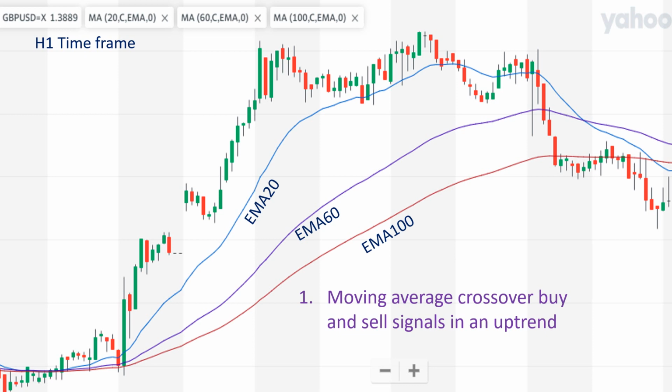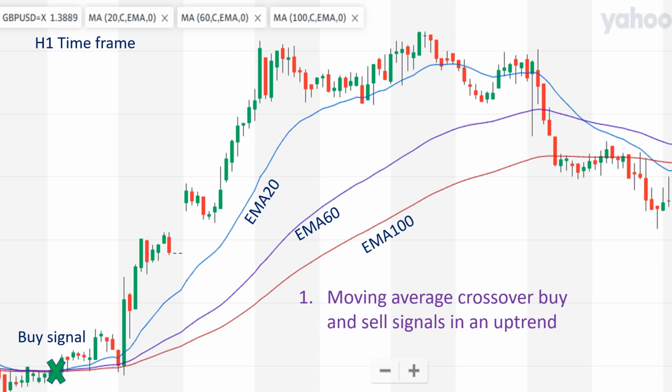Now in Forex day trading strategy, when the fast moving average, which is this one, crosses the slow moving average, which is this one, while going upward, and also the price stays constantly above this EMA 100, then it generates a buy signal.